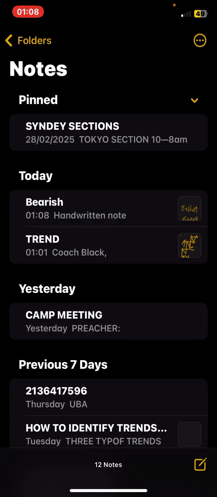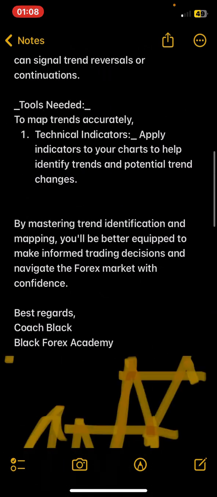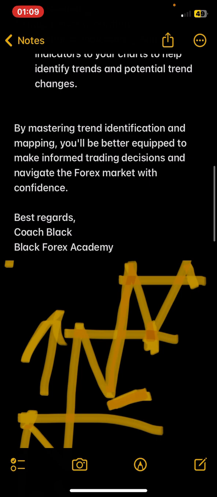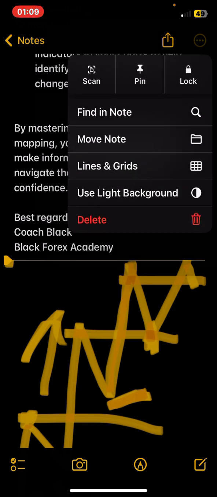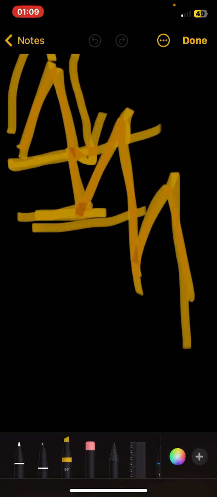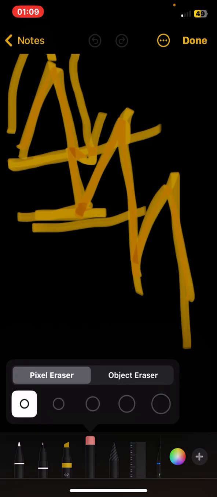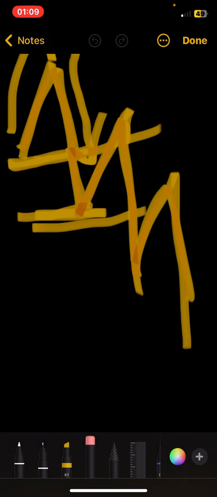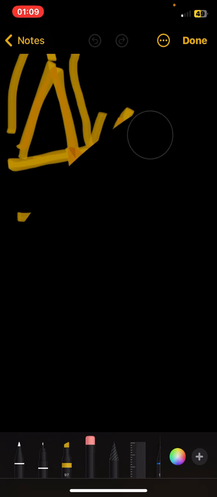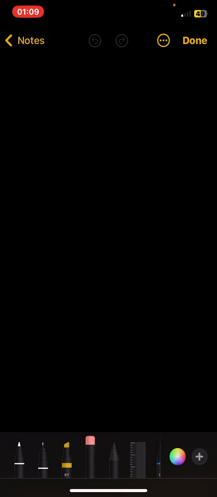So now, the next section we are going to be talking about how to map out these zones very well without making mistakes.